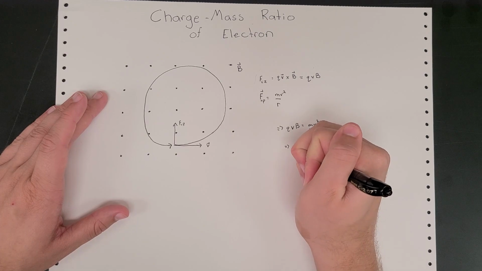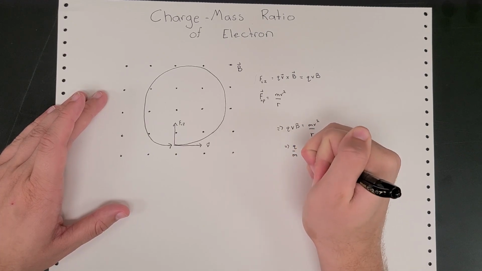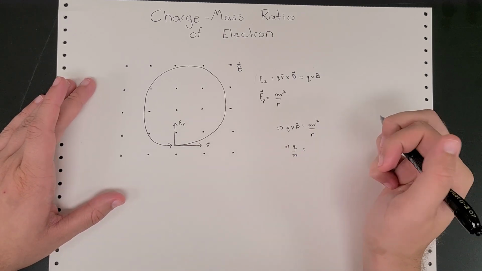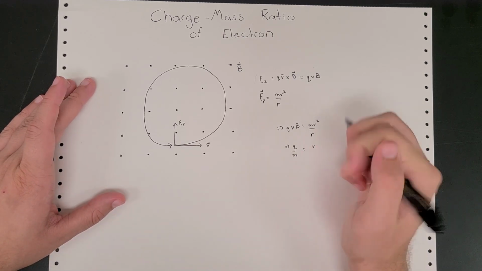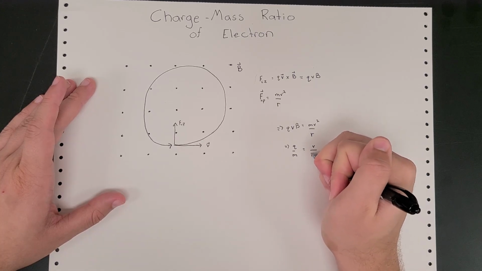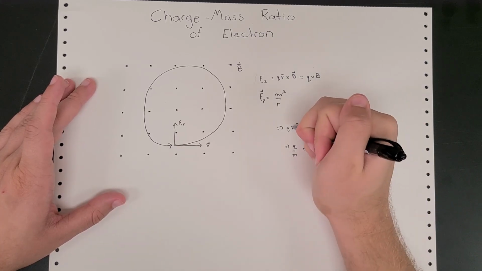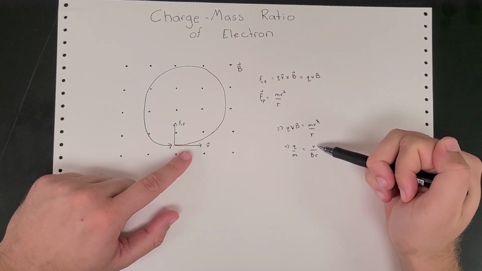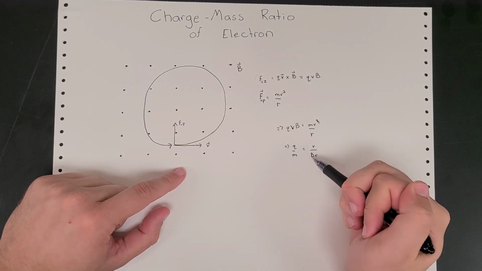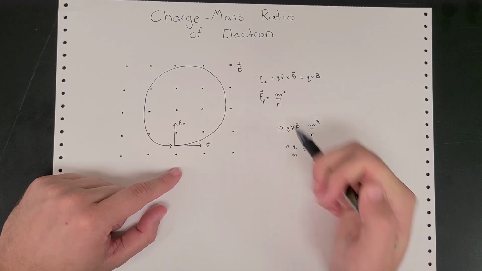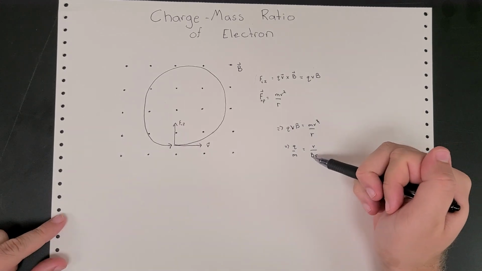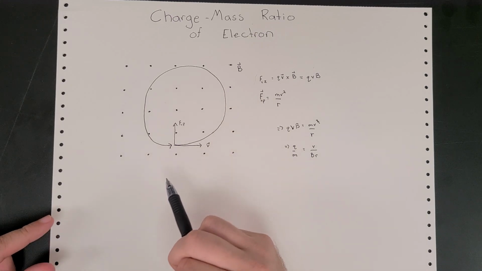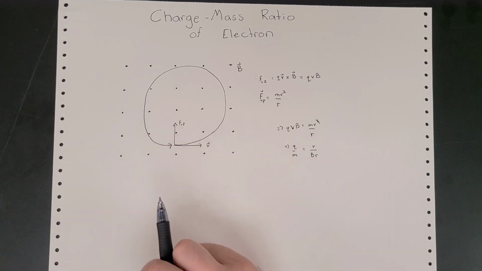If you rearrange this equation, you'll get Q over M is equal to the velocity V over BR, because these cancel out. So we need to know the velocity that the electrons are leaving with, and the magnetic field strength. We also need to know the radius of curvature of the circle that our electrons are traveling in. Those are the three things that we need to know.